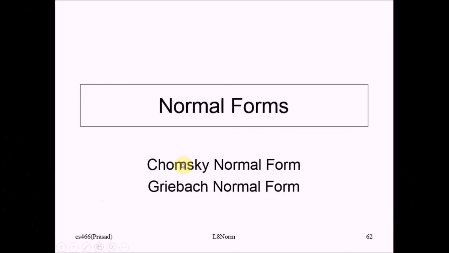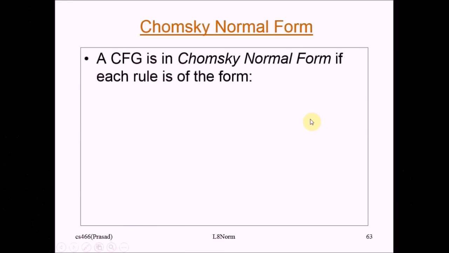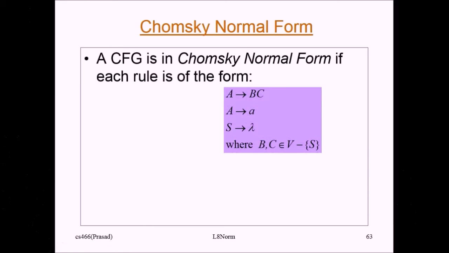Now we are coming to normal forms. There are 2 types of normal forms: Chomsky normal form and Greibach normal form. In Chomsky normal form, for a CFG there are 3 rules.